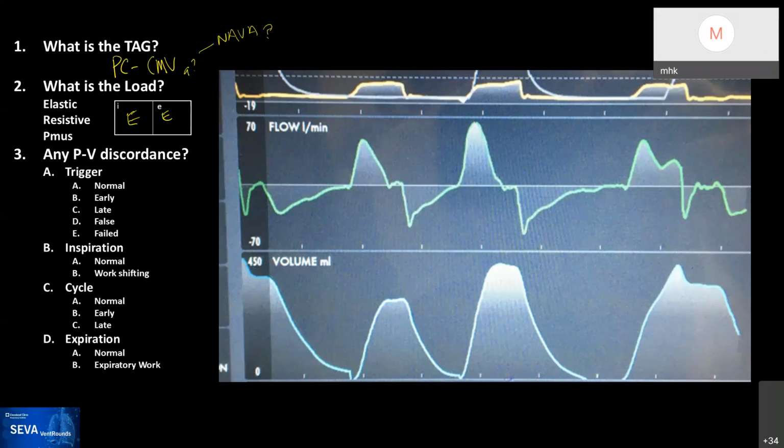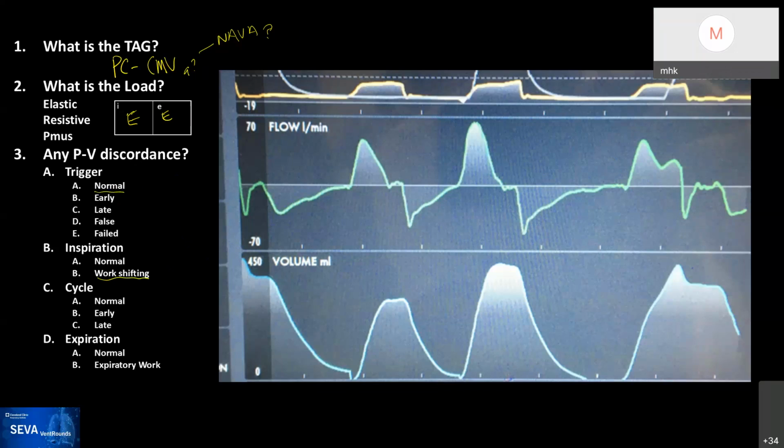Forget about NAVA. Okay. So then the trigger becomes normal. There's perhaps on the third breath some inspiration work shifting, that like scoop in thing.